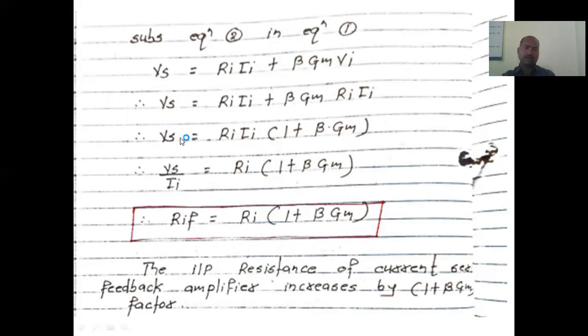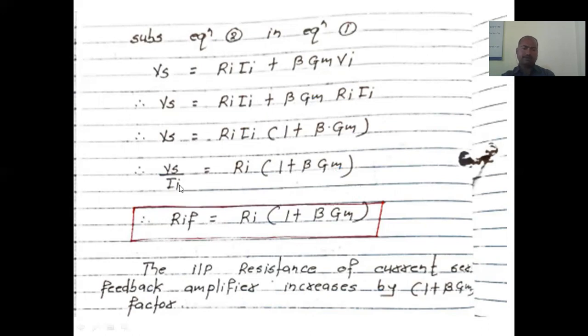Okay, so Vs is equal to Ri into I, because this is common between them. Taking Ri into I as common, here 1, and the other term is plus beta into Gm. So Vs upon I is nothing but Ri into 1 plus beta into Gm.